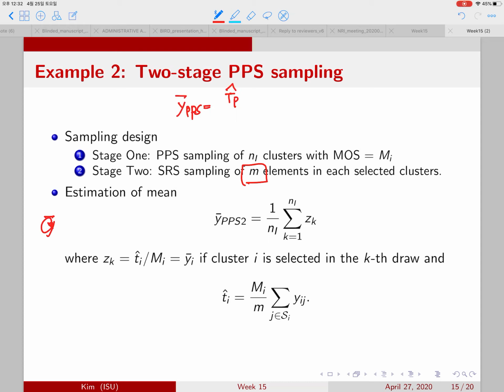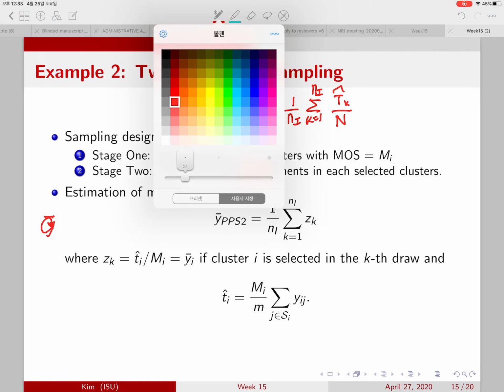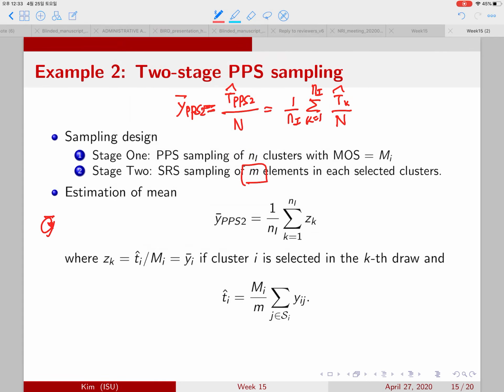You can write it as T hat k divided by N, and let's call this c_k.